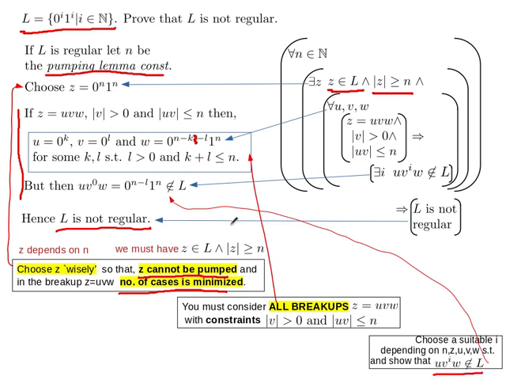And again, when you are considering all the breakups, the breakups have to satisfy these two constraints, so that this part is non-empty and this part is of length at most N. So you consider all the breakups with these two constraints, and if you can do all these things and go up to this point, then you can conclude that this L is not regular. Okay, so let's see another example.